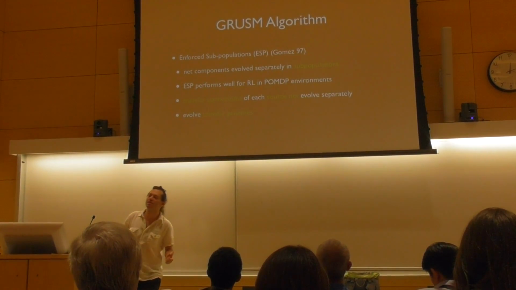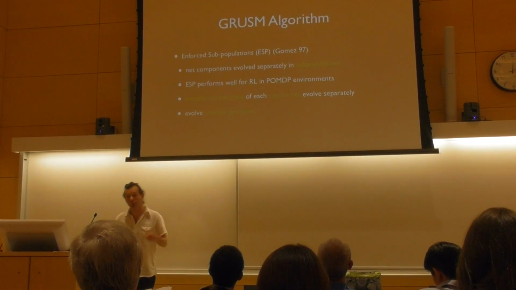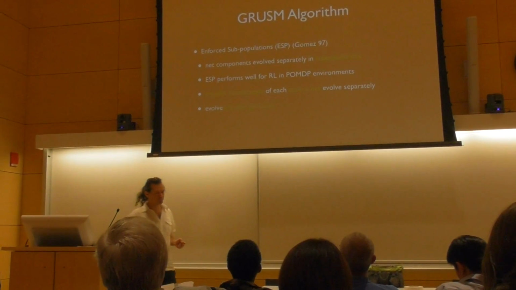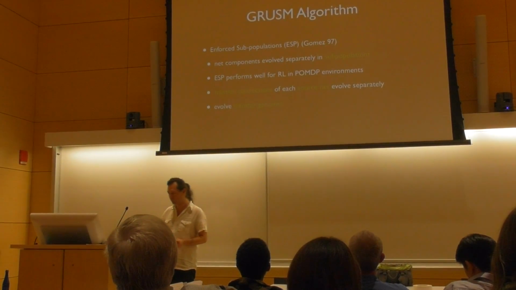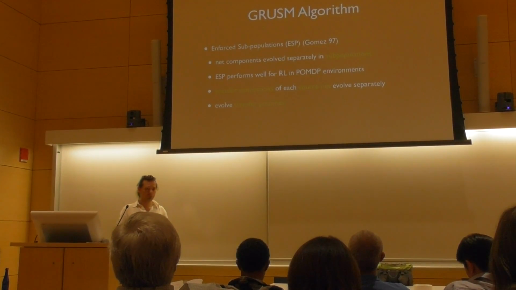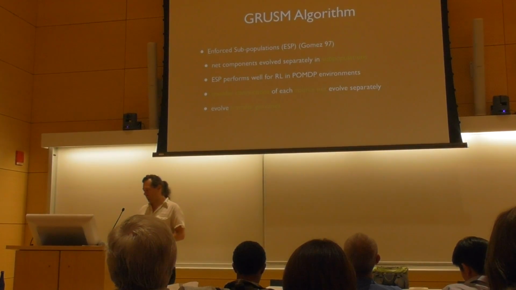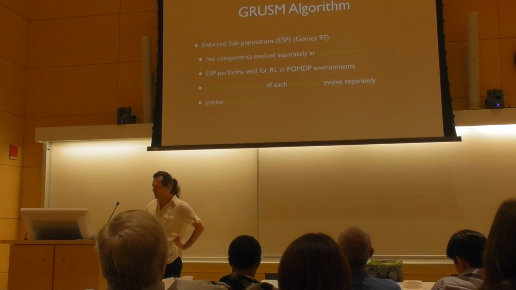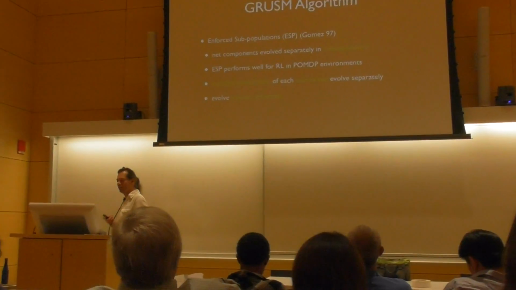So this achieves some decoupling, it's easier to parallelize, it has some benefits. And it's been seen that this performs particularly well for reinforcement learning in partially observable Markov decision problem type environments, and the transfer connections.